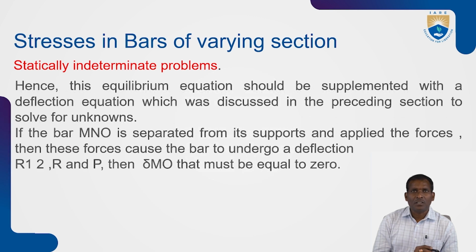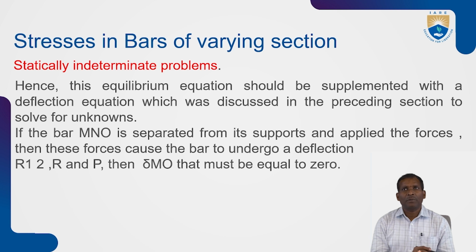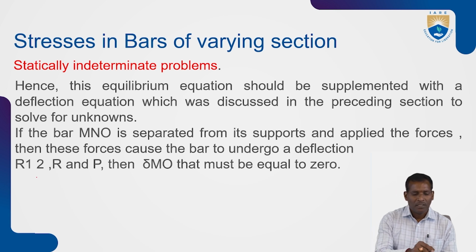Hence, this equilibrium equation should be supplemented with a deflection equation, which was discussed in the preceding section, to solve for the unknowns. If the bar MNO is separated from its supports and the forces R1, R2 and P are applied, then these forces cause the bar to undergo a deflection.